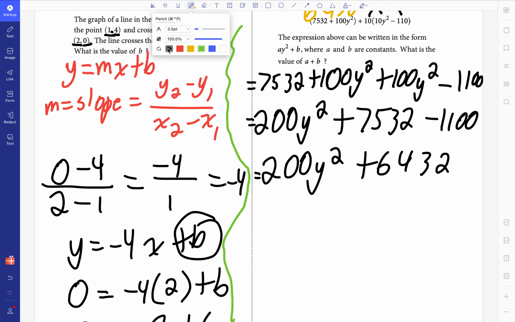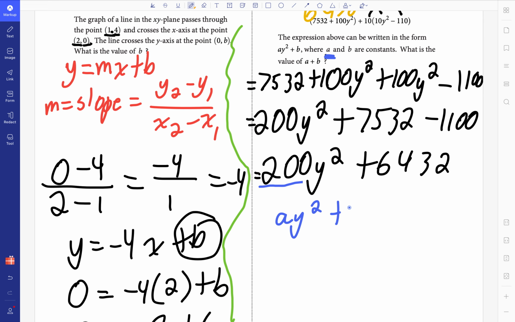Okay, now let's solve. They want the expression above written in the form ay squared plus b, where a and b are constants. Well, that is what this is, because look, this is my a, here it is right here, 200 y squared. So ay squared plus b.